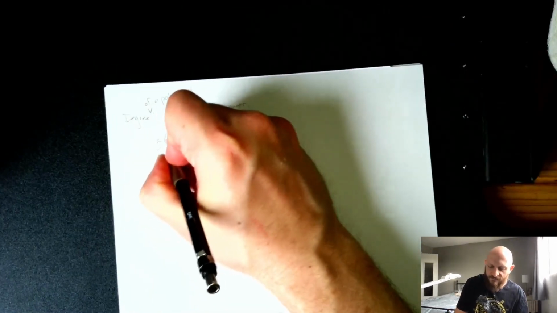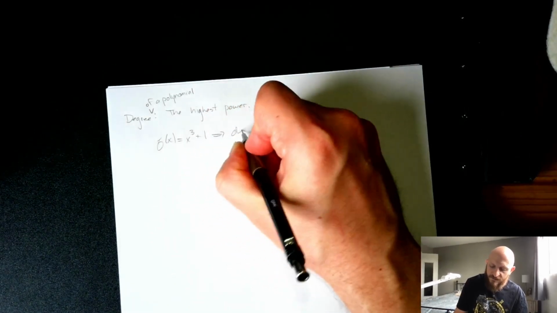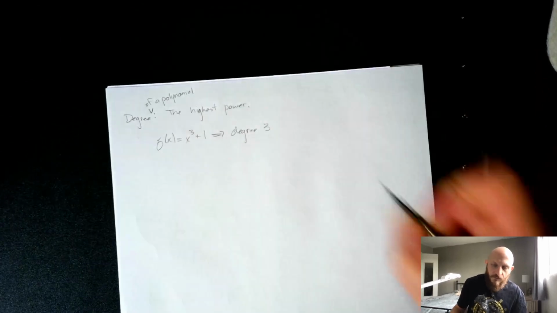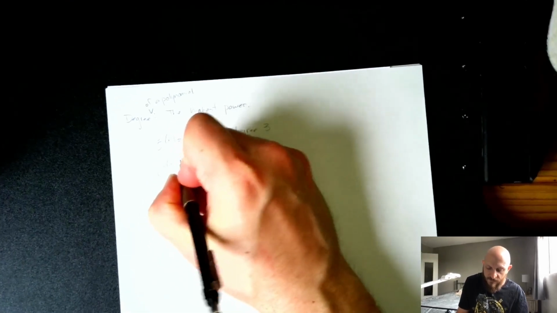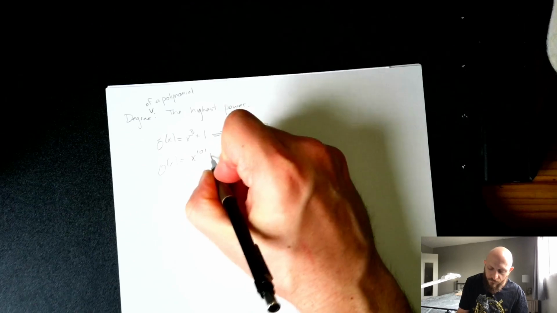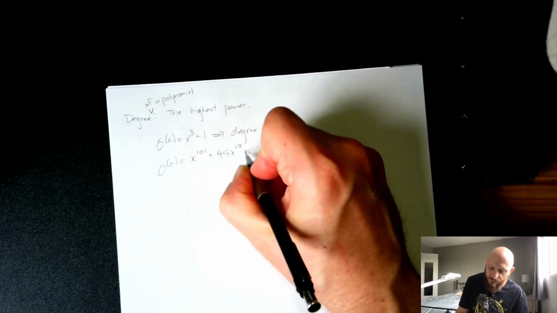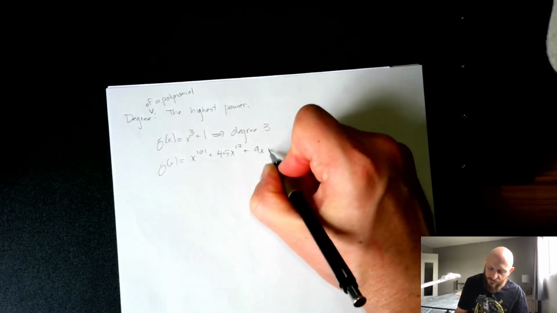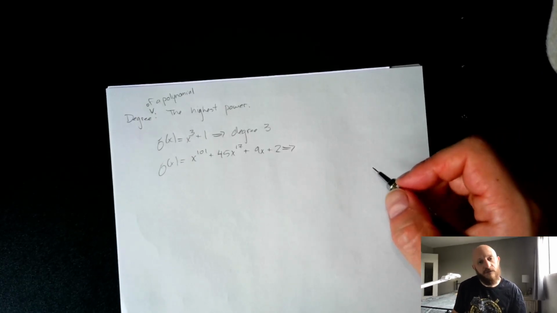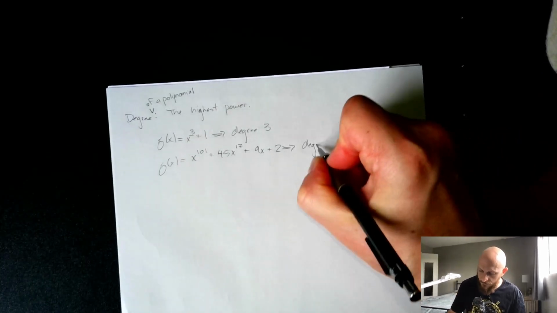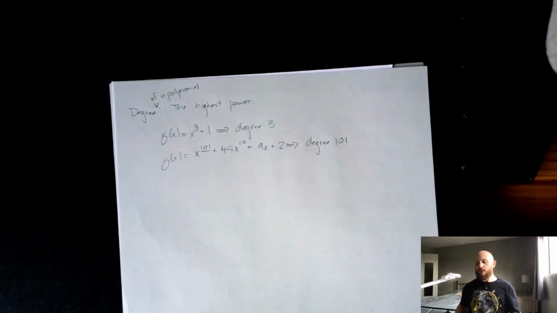So with something like f of x equals x cubed plus 1, we say that's a degree 3 polynomial because the power is 3. f of x equals x to the 101 plus 45x to the 17th plus 9x plus 2. What's the degree of that? It's 101. Degree 101. It's the highest power.